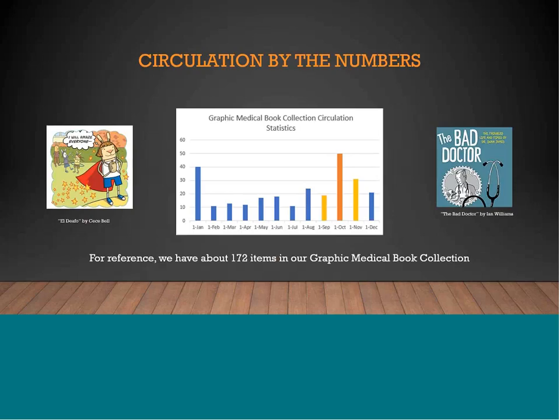So, circulation by the numbers: we have about 172 items in our graphic medicine book collection. As you can see, we've had some real highs and lows, but it hovers around an average of 15 a month. During October, we enjoyed 50 hits.